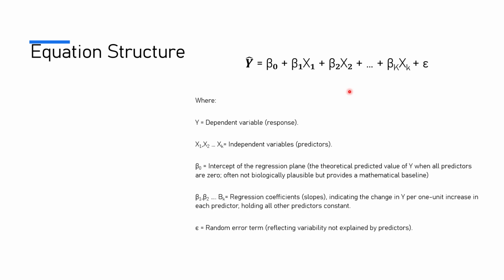But in case of continuous variables, it will provide the slope for the 1 unit increase in that continuous variable. The rest of the interpretations remain the same as in simple linear regression.